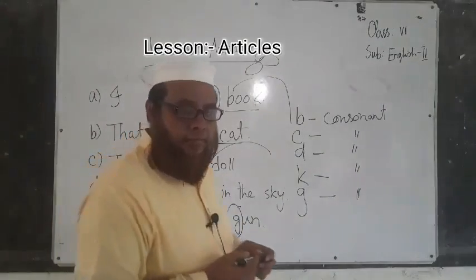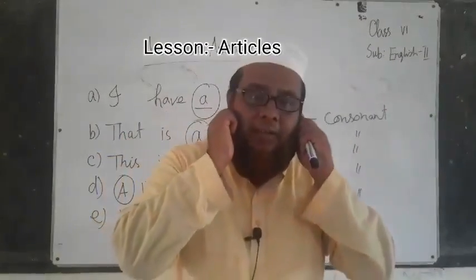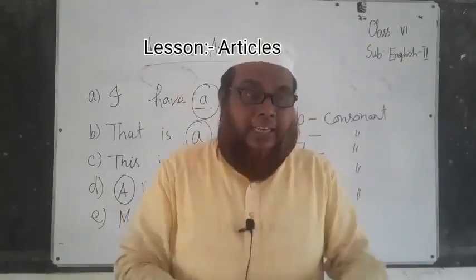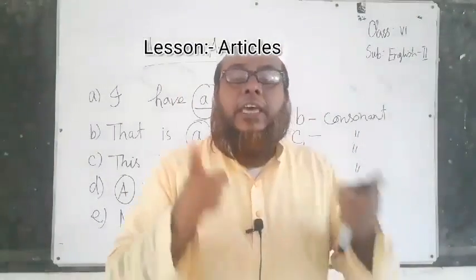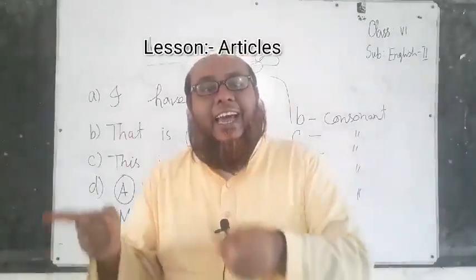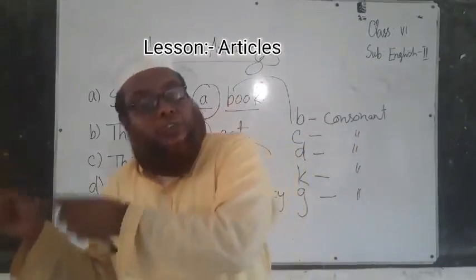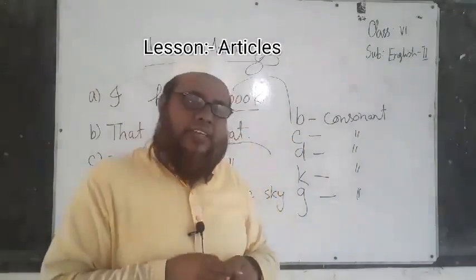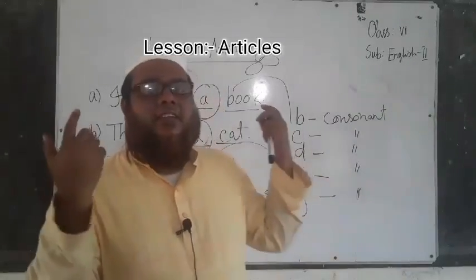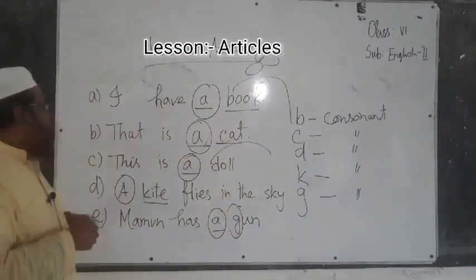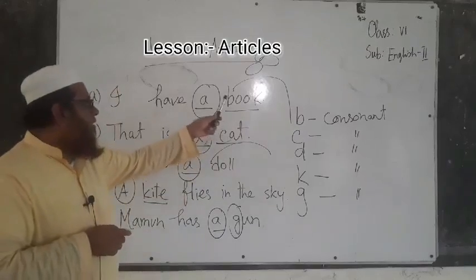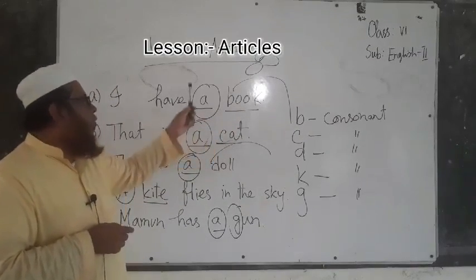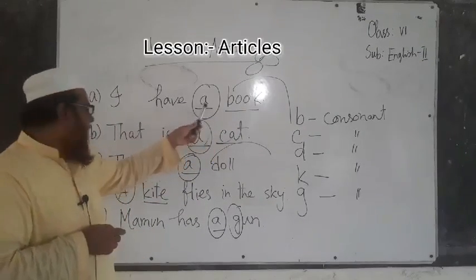My dear students, listen attentively. If any word starts with a consonant, we have to use the article a in an indefinite situation. Okay, my dear students, let us read out the examples again. I have a book. The word book starts with a consonant, so we use the article a here.